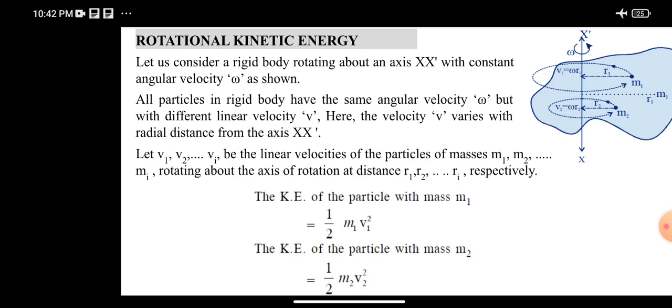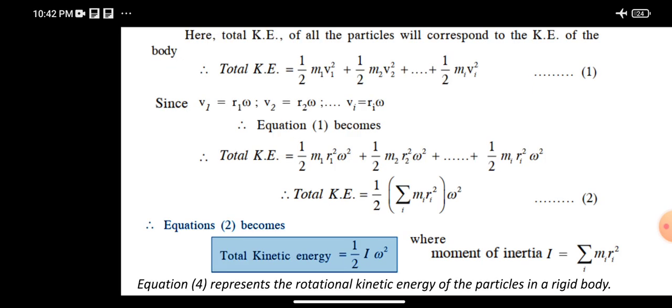We know very well the general formula of kinetic energy is half m v square. Here, the kinetic energy of the particle with mass m1 is 1 by 2 m1 v1 square, and for mass m2 we write 1 by 2 m2 v2 square. We need to find the total kinetic energy of the rigid body, so we add all the particles' energy.